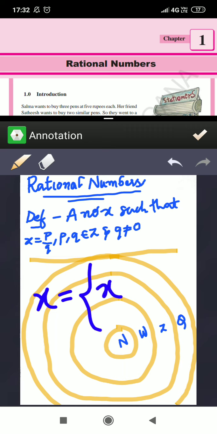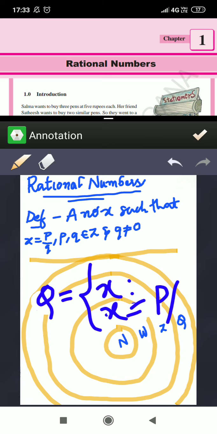The set of all x belongs to rational numbers such that x is in the form of p by q. Hope you understood the definition.